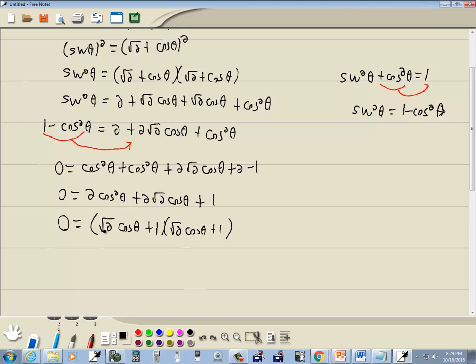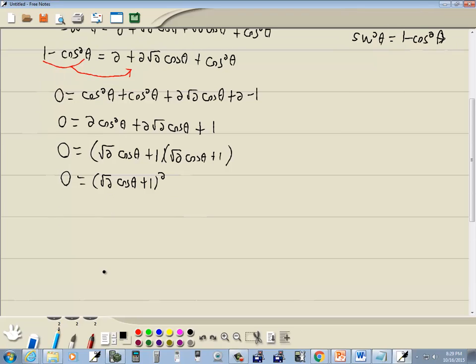And that's why I figured I had to have the square root of 2's here before the cosine. There'd be no way I could put square root of 2 here at the end and get it to give me 1. Okay, well that looks like the same thing. So we're going to have square root of 2 cosine theta plus 1 to the second power.